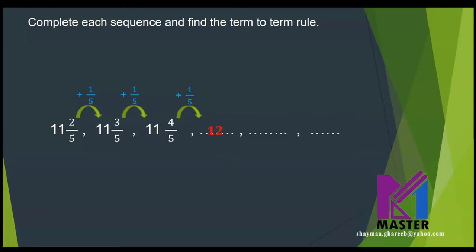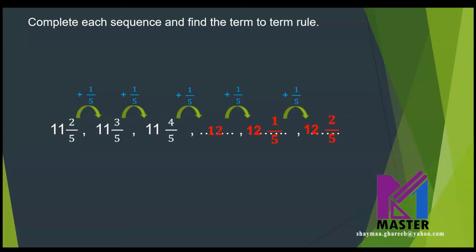Okay? Now, if I added 1/5 to the 12, it will be 12 and 1/5. Then one more fifth, so it will be 12 and 2/5. If I want to continue, it will be 12 3/5, 12 4/5, then 12 5/5, which is 13. We will not write it 12 5/5. We are going to write 13.